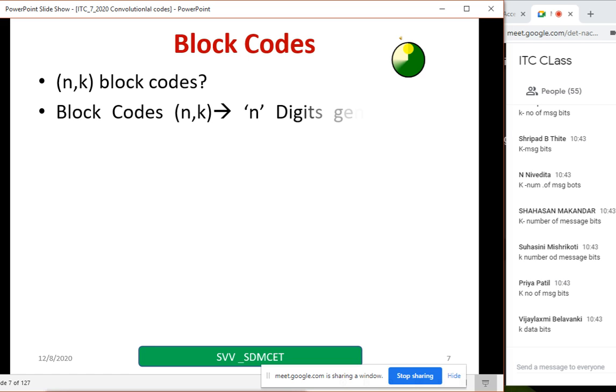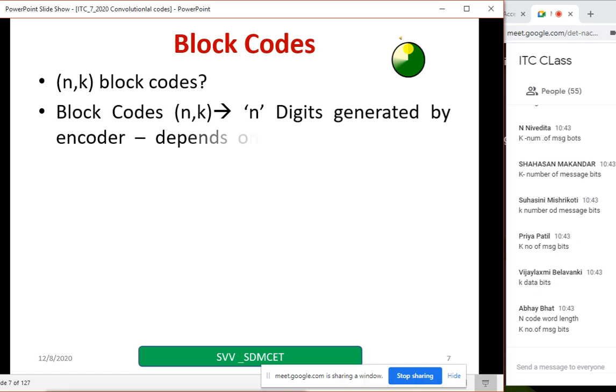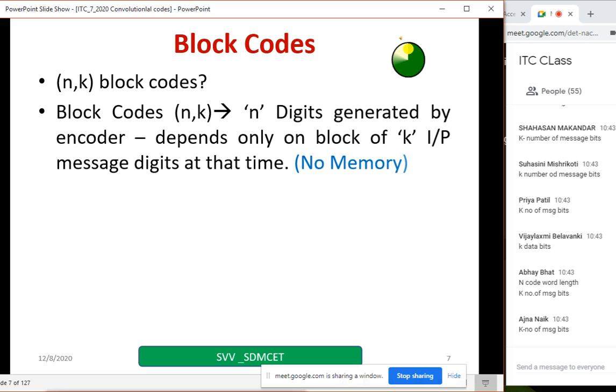In block codes n, k, the n digits generated by the encoder depend only on the block of k input message digits at that time. Please read it twice.